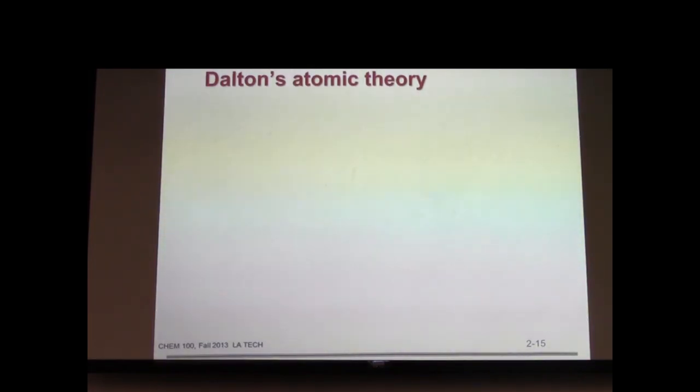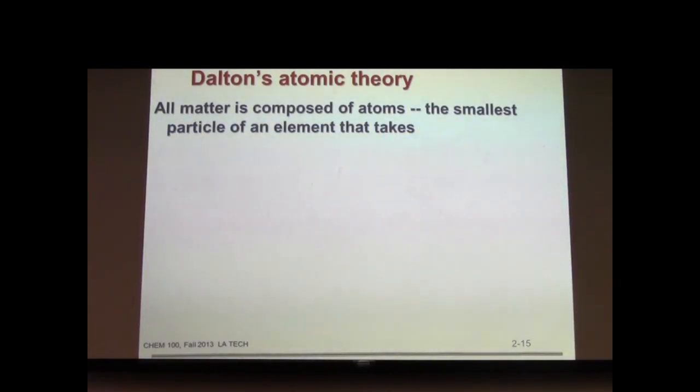Smallest particle. Dalton assumed, like the Greeks before him, that atoms couldn't be divided. They didn't know subatomic particles, right? All matter is composed of atoms, the smallest particle of an element that takes part in a chemical reaction. All right.